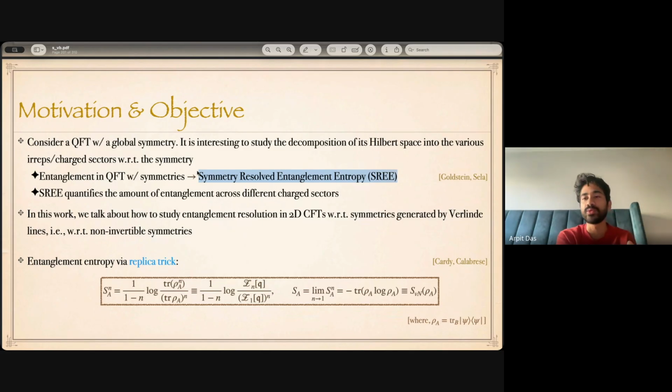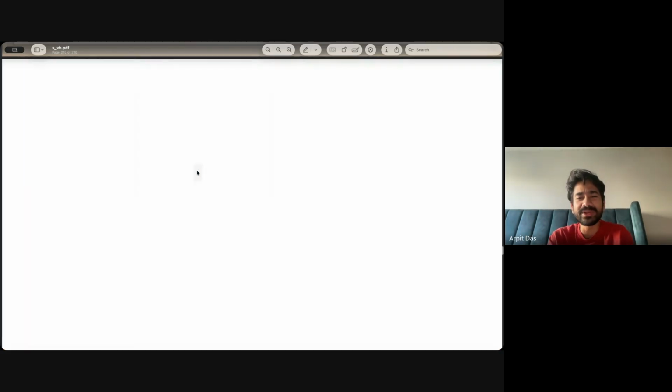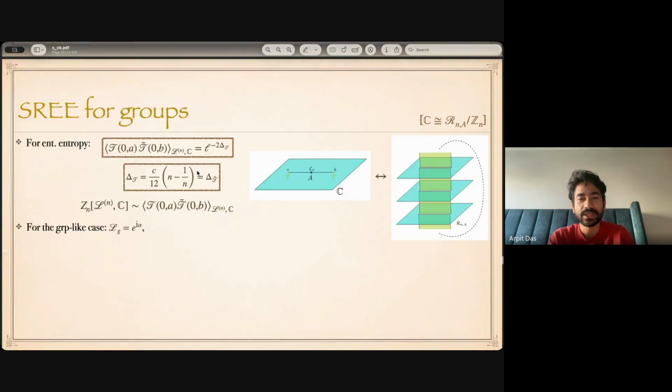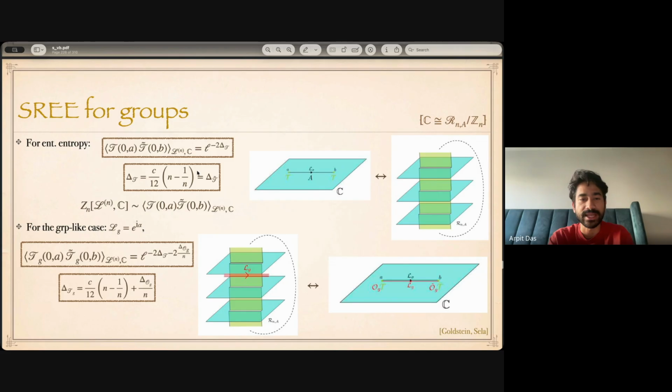Now we wanted to do it for those symmetries which are non-invertible, because if non-invertible symmetries are true symmetries, then you should be able to compute this quantity that captures entanglement from these irreps. So when we did that, let me show you what the result looks like.